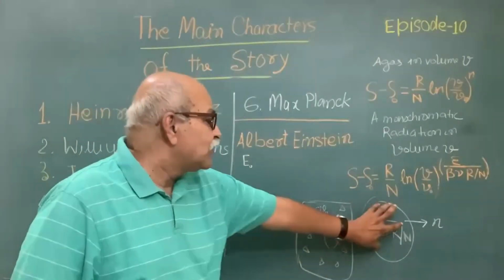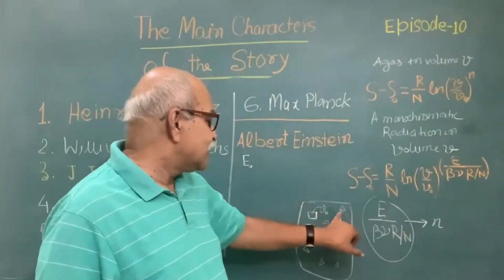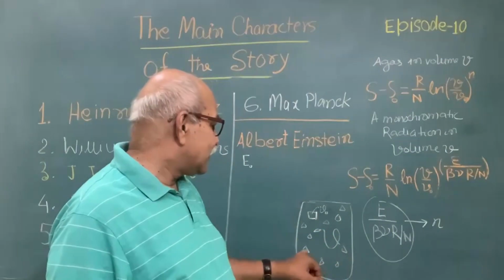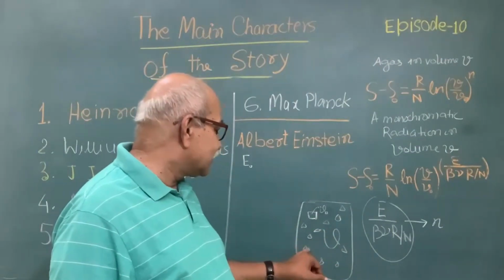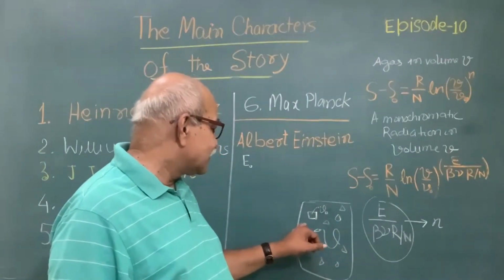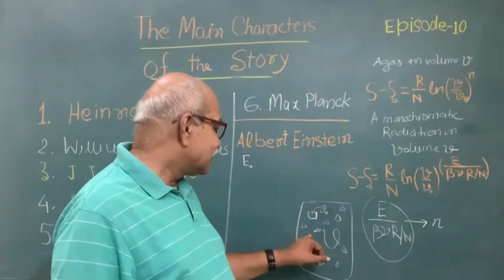We have these many quanta, with energy located at these many centers. So at each center, how much is the energy here? How much is the energy here? How much is the energy here?